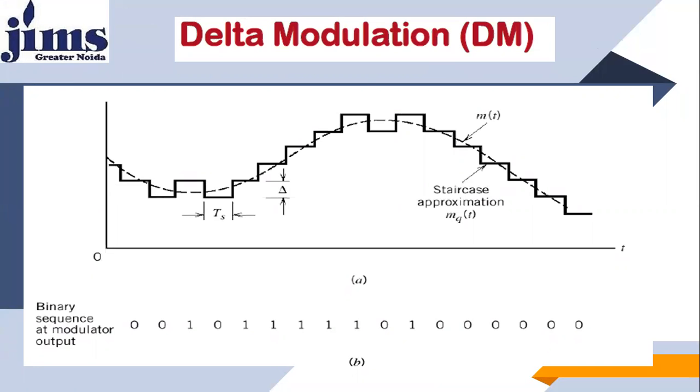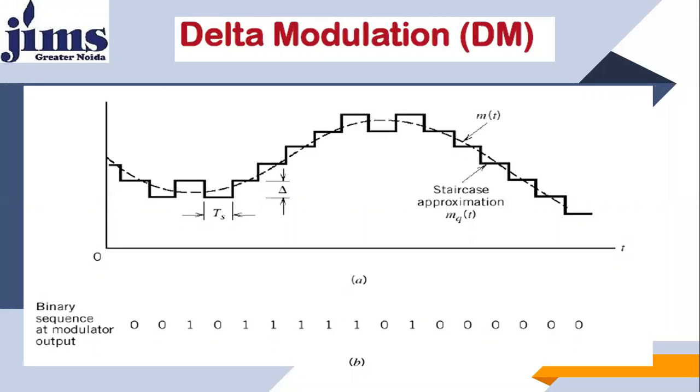Means the present sample is always less than the previous one when the slope of the analog signal is decreasing. And in this case, zero is transmitted, or zero will be transmitted.